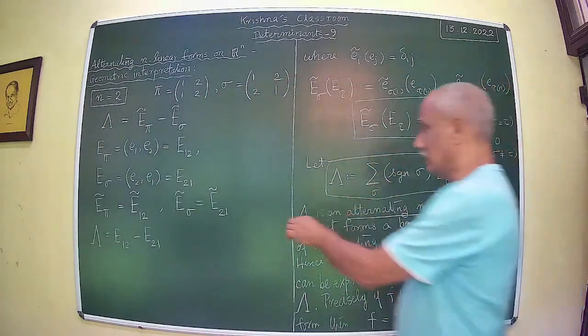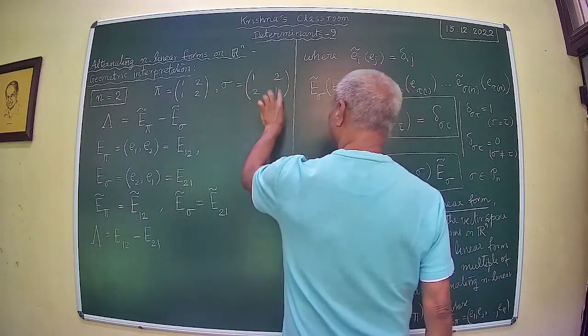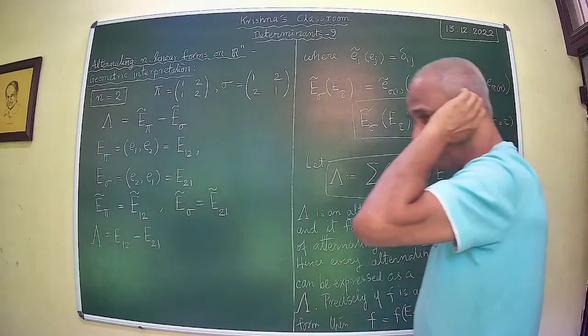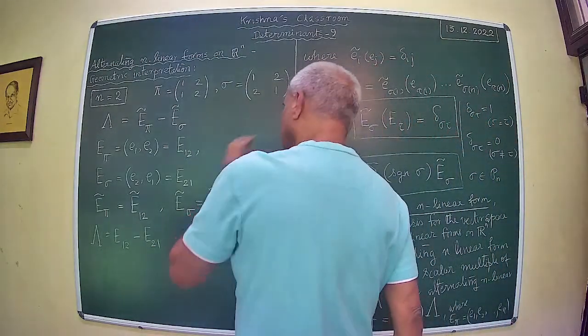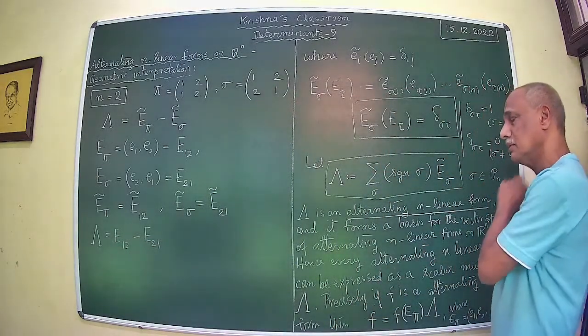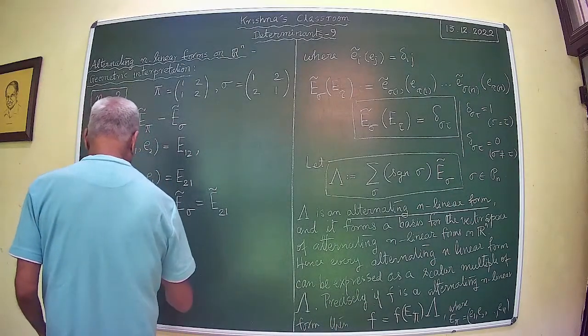And you see that this sigma, 1 going to 2, 2 going to 1, is an odd permutation. Therefore, you have a minus sign. Okay. So this is what you get.